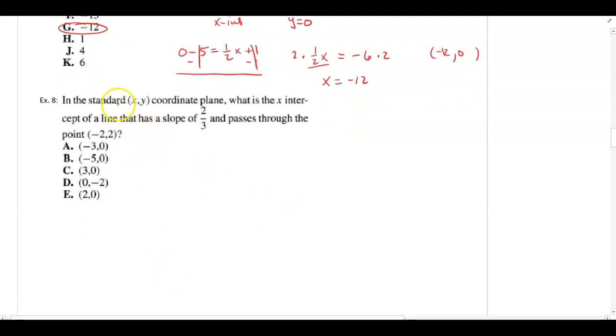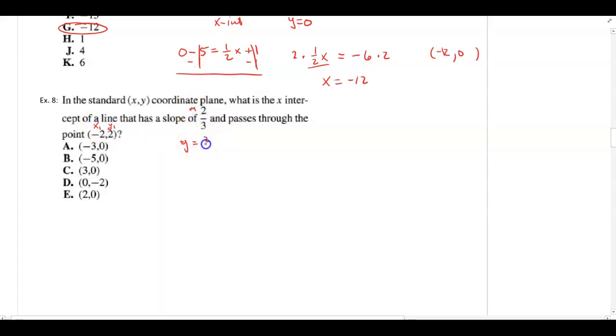And number 8, in the coordinate plane, what is the x-intercept of the line that has a slope of 2/3 and passes through the point negative 2, 2? There's 2 ways to do this, right? Number 1, write the equation. You're probably going to want to go point slope form to where this is x1 and this is y1, and this is your slope m.